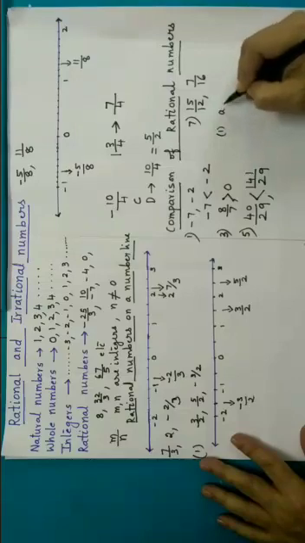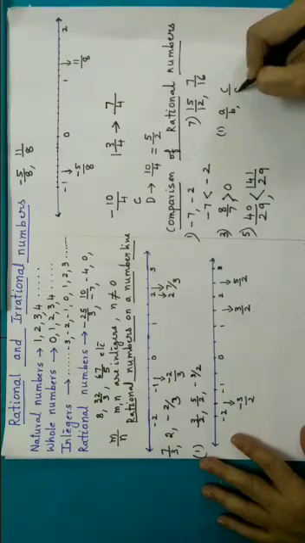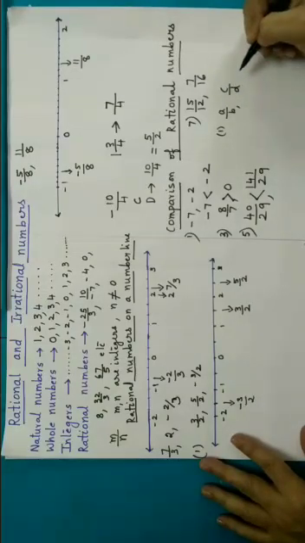For example, A upon B and C upon D are two rational numbers.